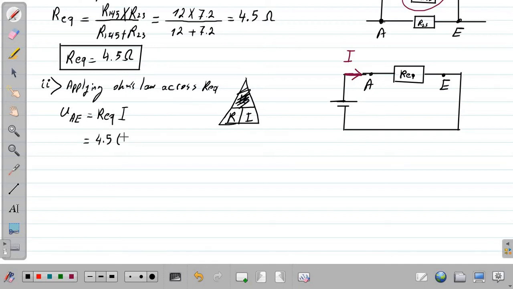The main current is 2 ampere. Plug this in calculator. We finally get the voltage across the equivalent resistor, and even for the battery, is 9. Since R equivalent is in SI unit which is ohm, the current also in SI unit which is ampere, we will get the answer in SI unit, and we know that the SI unit of the voltage is volt.